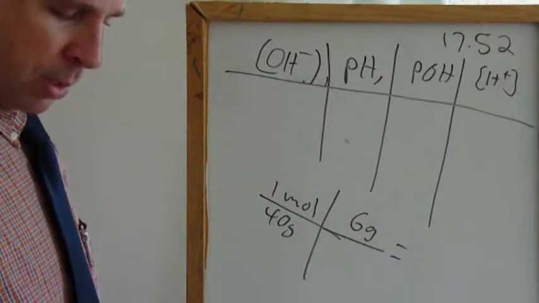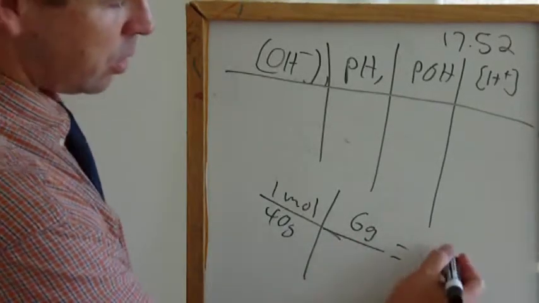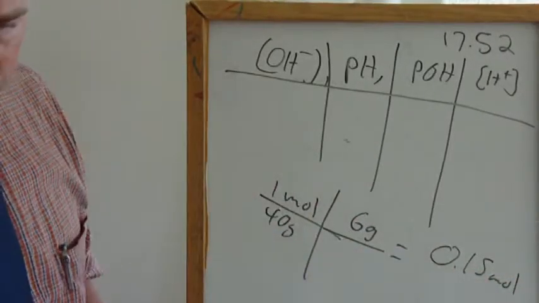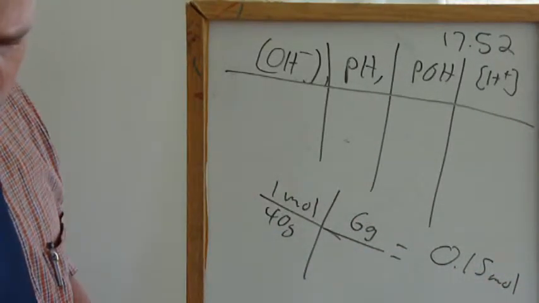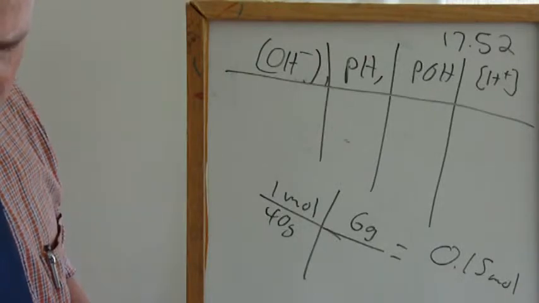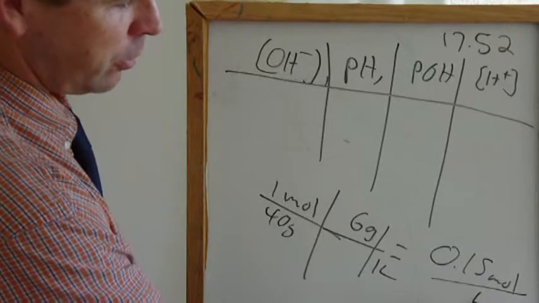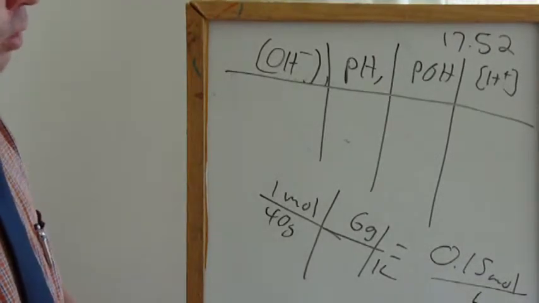Therefore, 6 divided by 40 tells us that there's 0.15 moles of sodium hydroxide. And that's in 1 liter, so that's 0.15 molar.